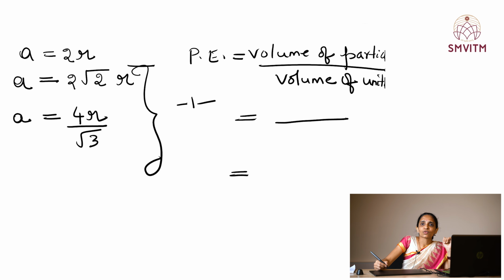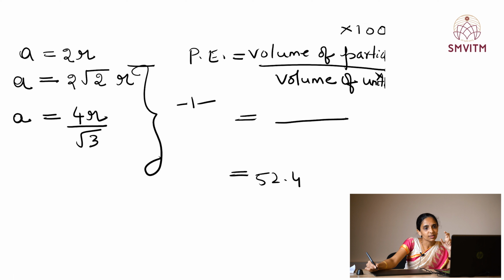Then after calculation, you get the answer as 52.4. Of course, there is a 100 in the numerator of the packing efficiency formula, because you are expressing the value in percentage.